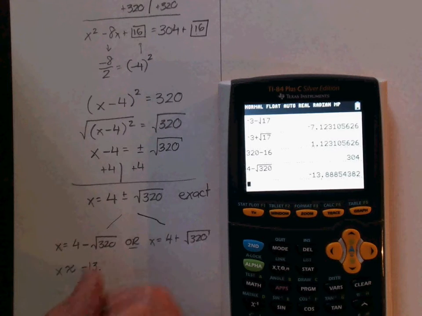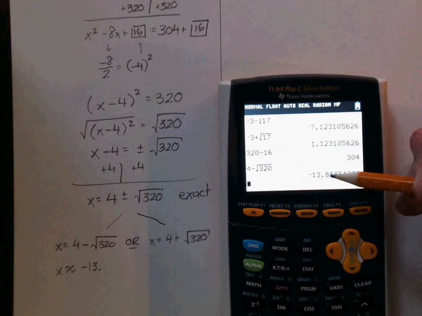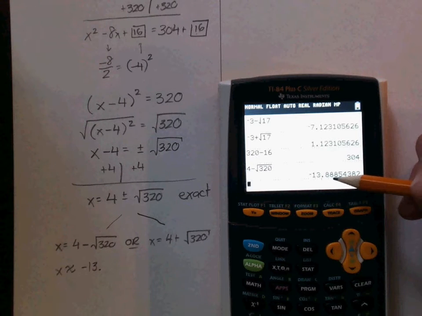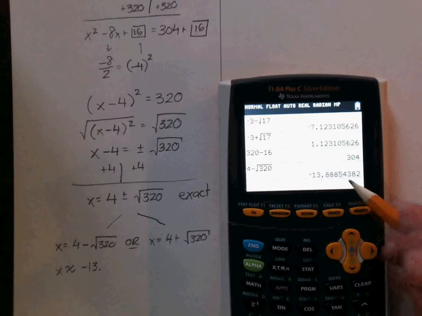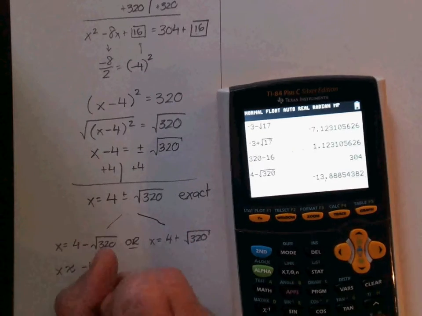negative 13.888, so if you want to round to the second decimal place, the hundredths place, look at the third decimal place. If that's a 5 or more, round up. If it's a 4 or less, keep it the same. Since it's an 8, I'm going to round up. So that's 0.89.